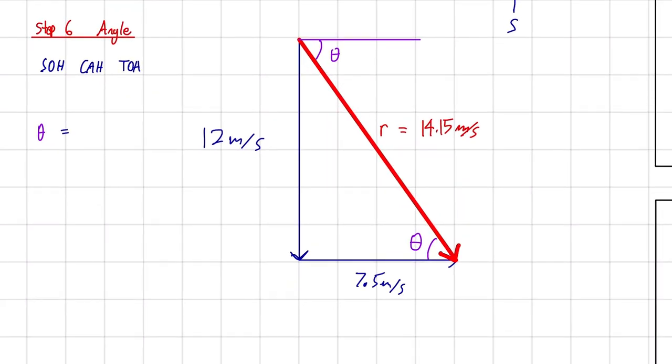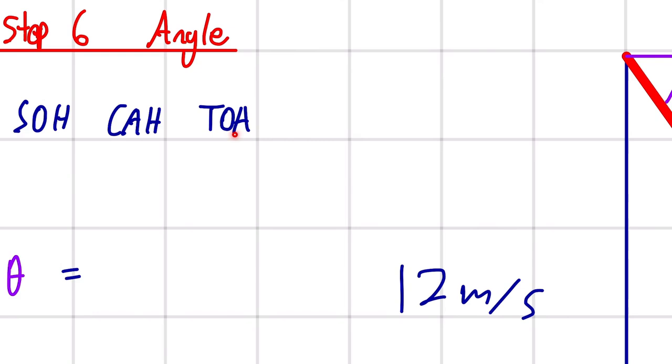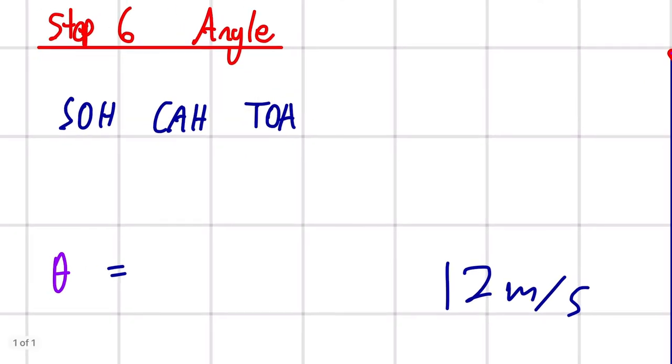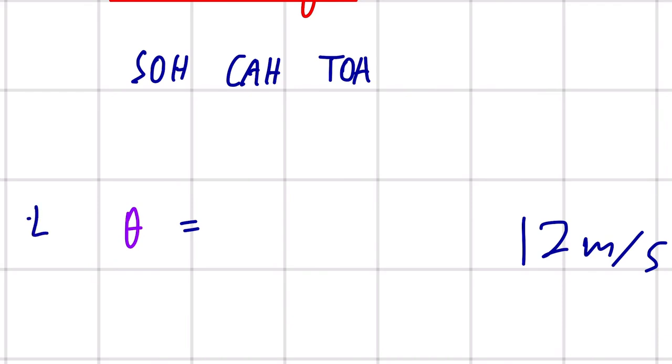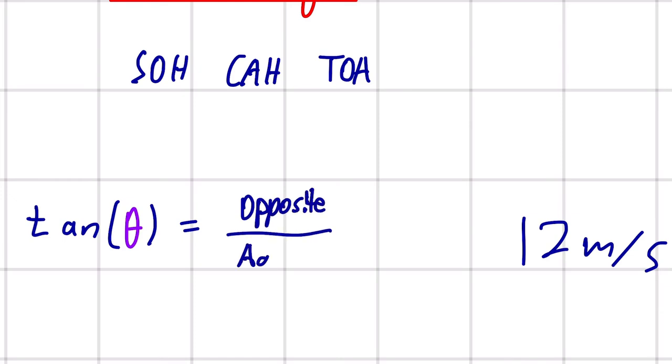The side lengths I'm choosing to use here are, from this angle, the opposite and the adjacent. We do know the hypotenuse, but in this case, I'm going to choose adjacent and opposite. You could by all means use the hypotenuse and use sine or cosine, but I'm going to use the opposite and the adjacent. And because of that, we're going to use tan. So we know that tan of theta is equal to opposite over adjacent.